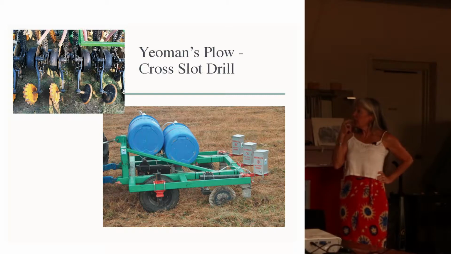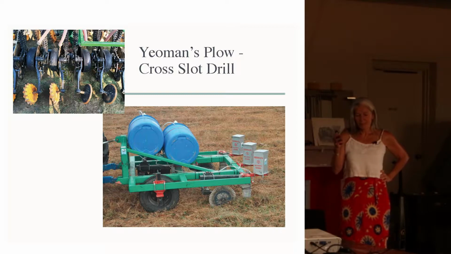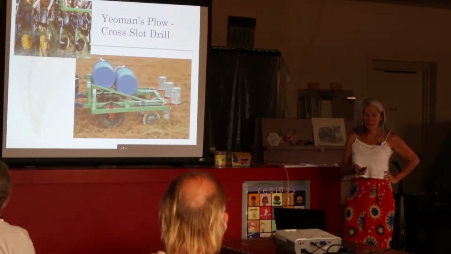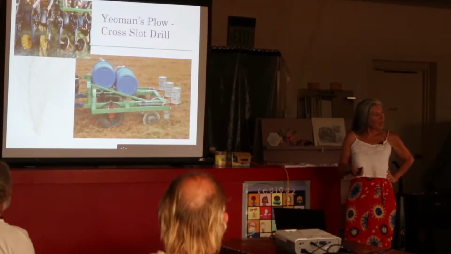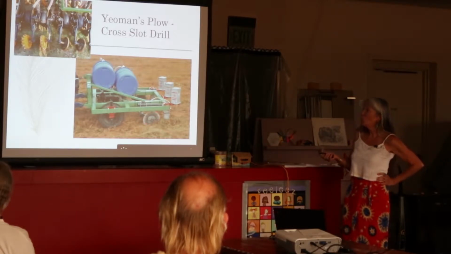And then using a Yeoman's plow for a cross-slot drill. A lot of times in permaculture classes with the cross-slot drill and the keyline and all that stuff, we don't really know what that looks like. Well, this is a cross-slot drill, and this is the one style, and this is the wheel style.